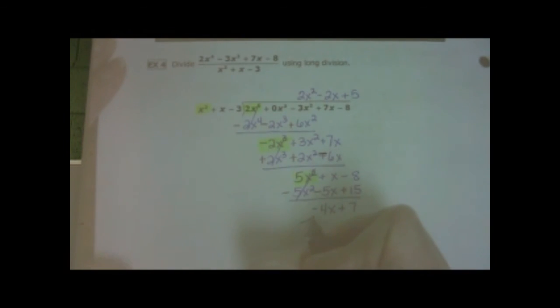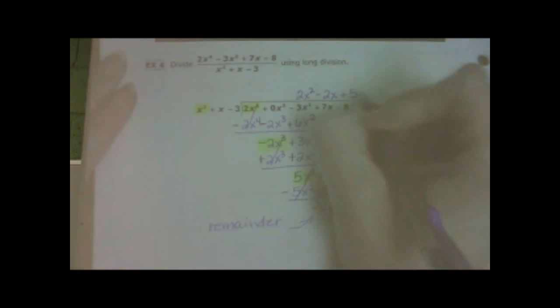So this here is my remainder. All right? It has 2 terms because this had 3. I can't go any further because I don't have anything left here. All right? So here's what I'm going to have as my answer. Take this.